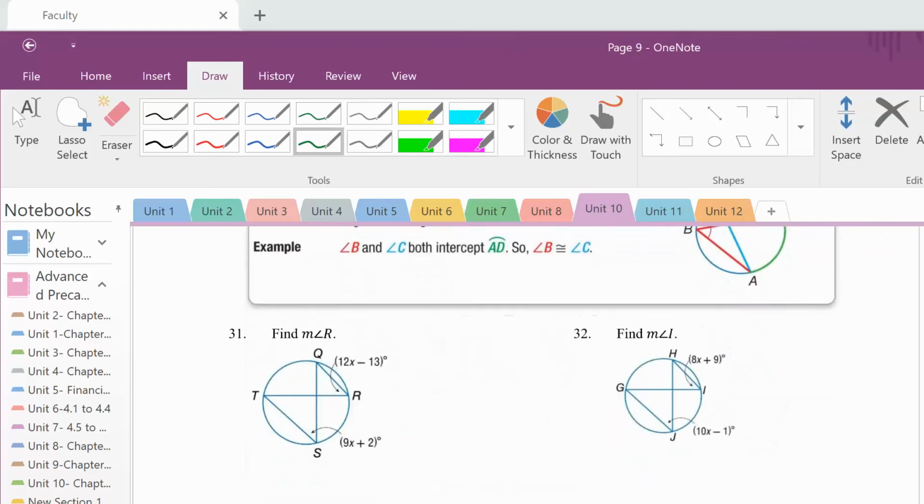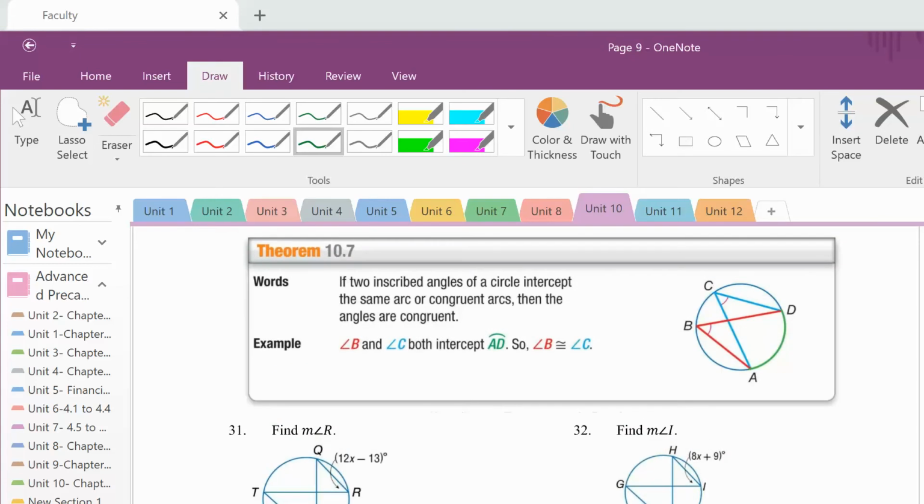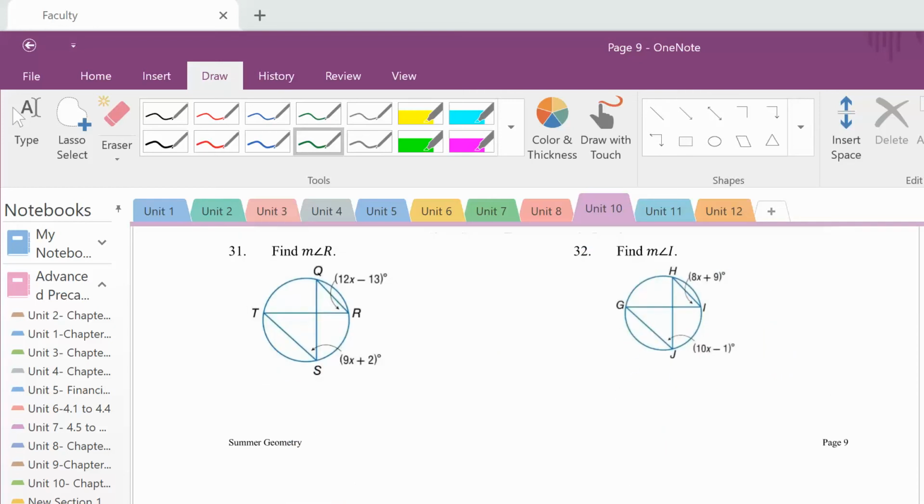So if two inscribed angles intercept the same arc, then they are congruent. So notice here angle C and angle B both intercept arc AD. So the angles have to be the same. So here angle R and angle S both intercept arc TQ. So therefore they have to be the same.